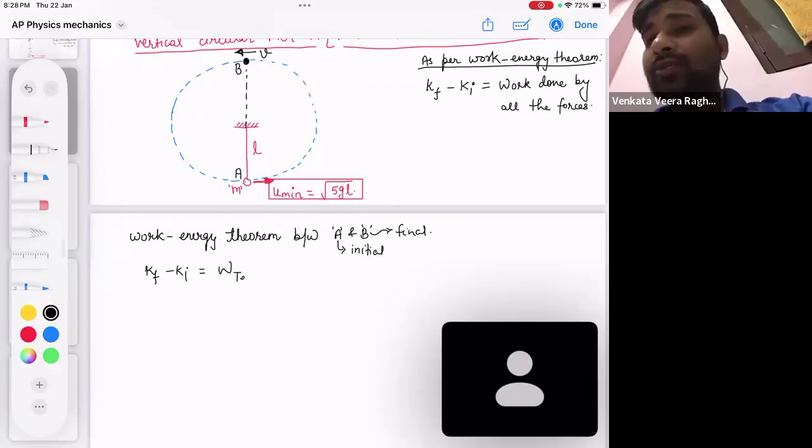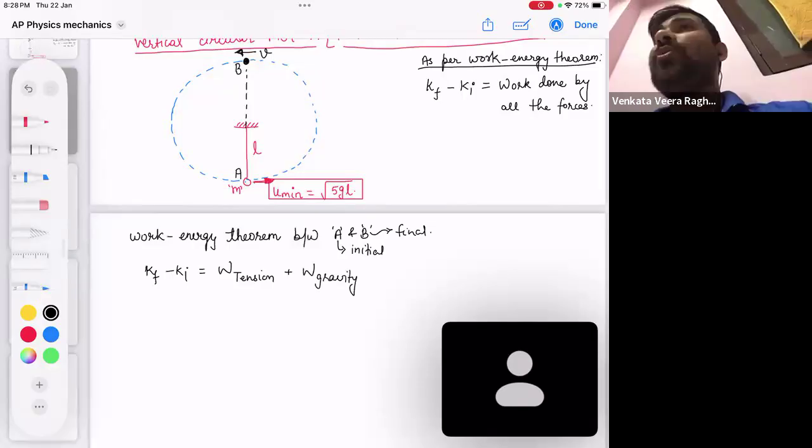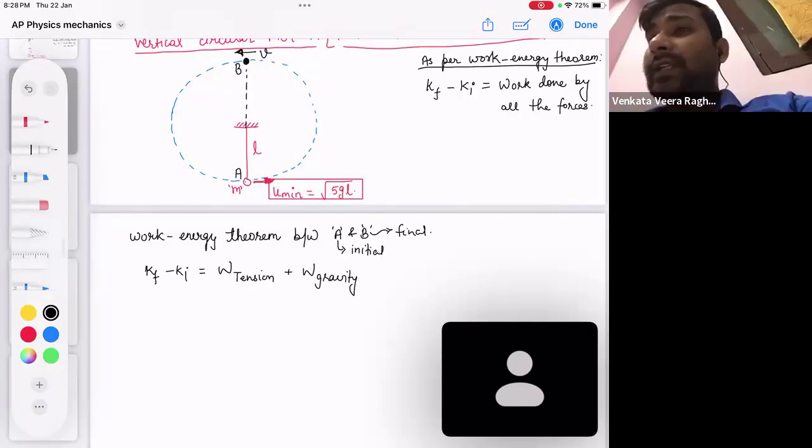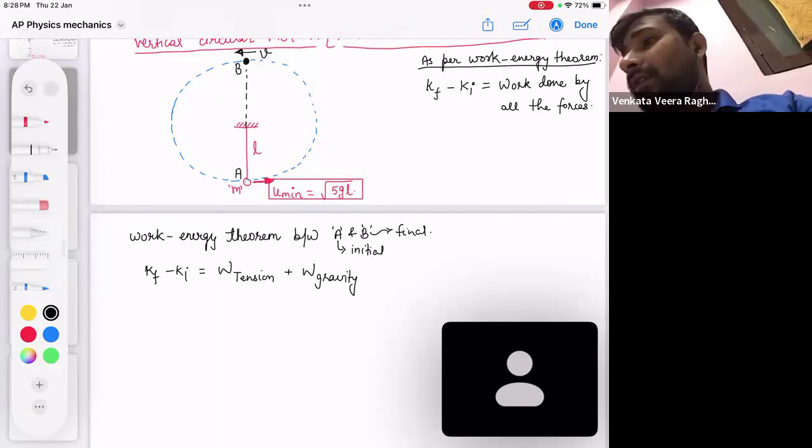One is the tension, the other one is gravity. Divide the work done and kinetic energy. Just for finishing the vertical circular motion, we need this concept. So we are doing it, but please don't worry about this.